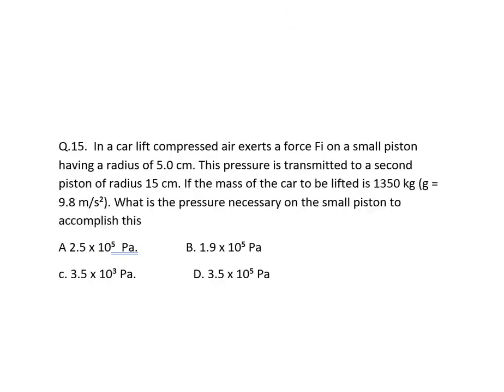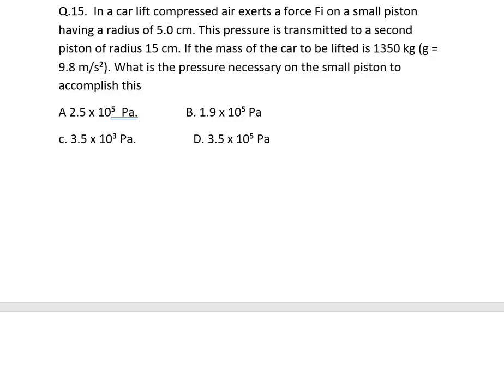Next question, question number 15. A car lift applies an air pressure force Fi on a small piston having a given radius, and the pressure is transmitted to the second piston. If I draw this figure, it is a small piston and a large piston.